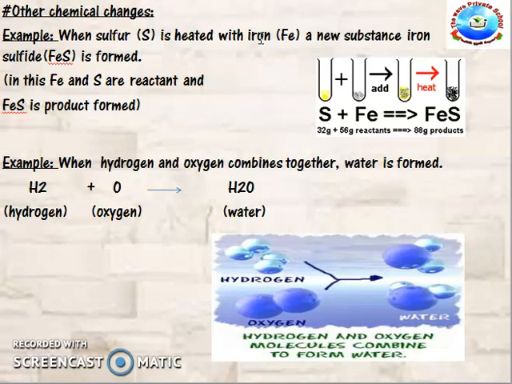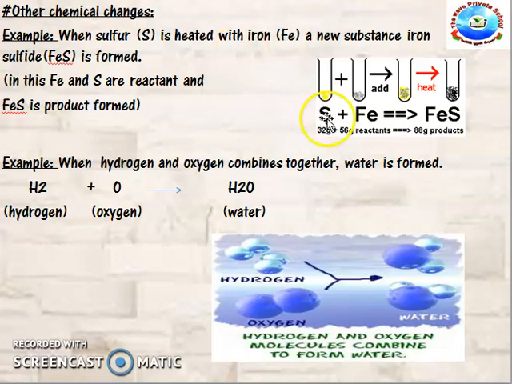You know all these and their symbols. So what happens when sulfur, that is S, is heated with iron? A new substance is formed, that is iron sulfide. It is not staying as sulfur and iron. So that is a chemical change.